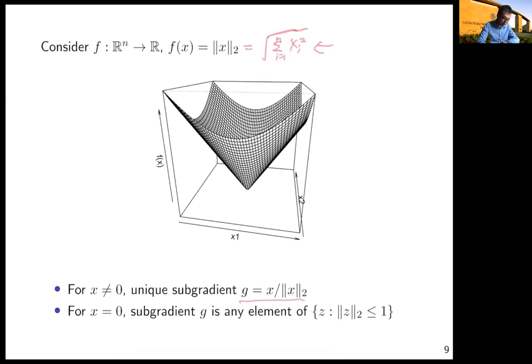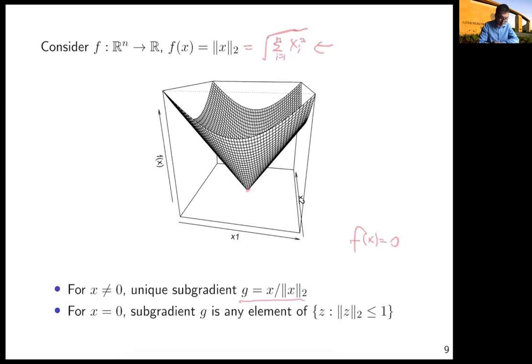When x is actually 0, you can think about any half spaces that support this function from below. For instance, you can take this gradient to be 0, then it becomes the x1, x2 plane at f of x equal to 0.